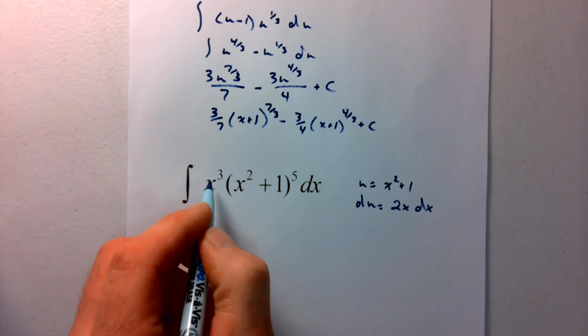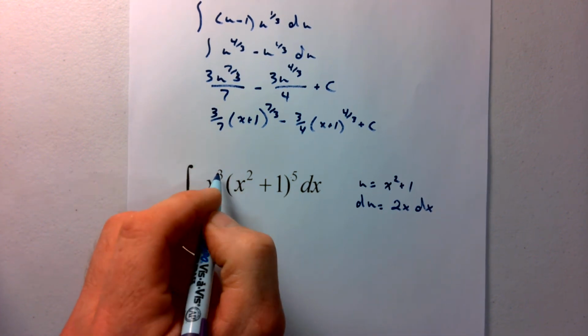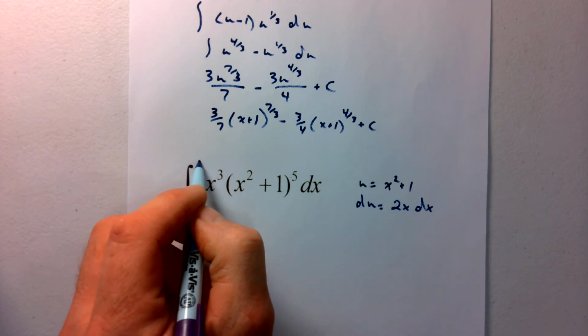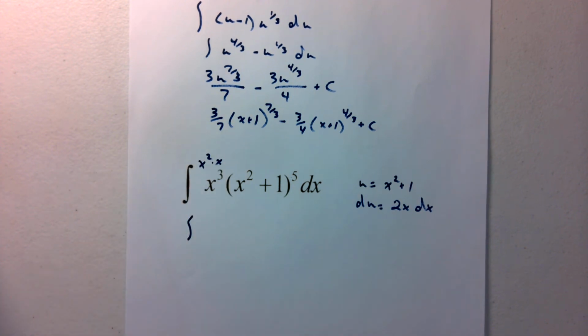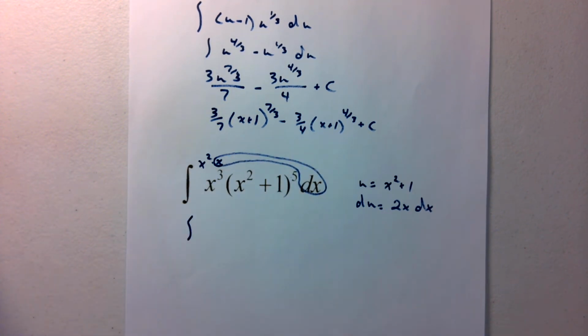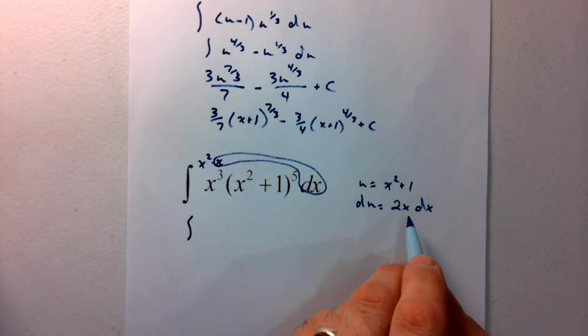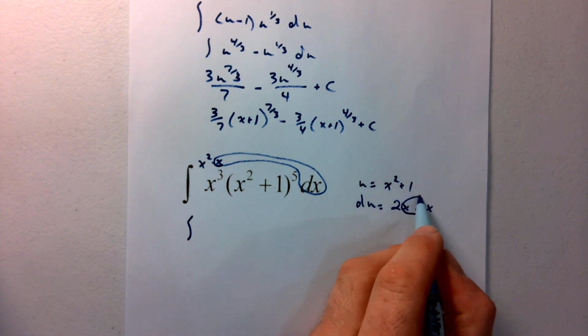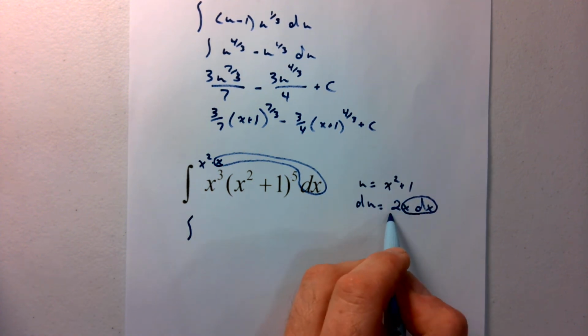So if I think about this, I had x to the 3rd. I can definitely break x to the 3rd up into x squared times x, can't I? Well, that gives me an x times dx. So I have this x dx over here. All I do is get rid of that 2.